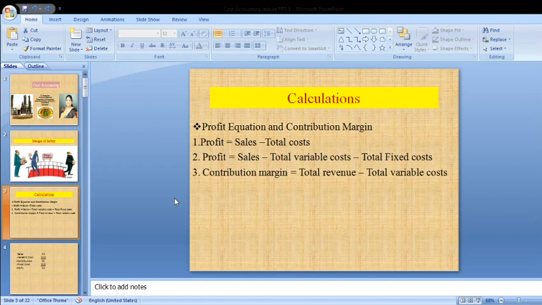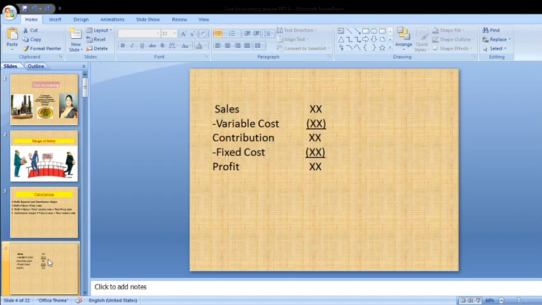From contribution you can deduct the fixed cost to know the profit. Now the upper part, that is sales, variable cost and contribution, can be converted on a per unit basis, because all these three components change as the number of units or the level of activity changes.